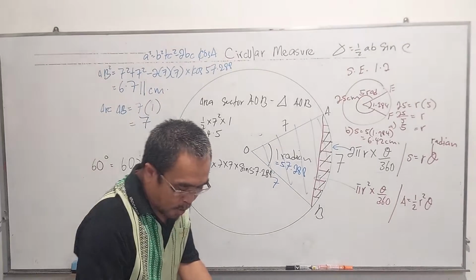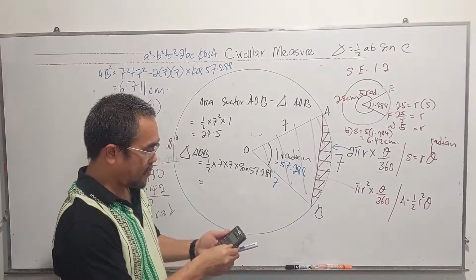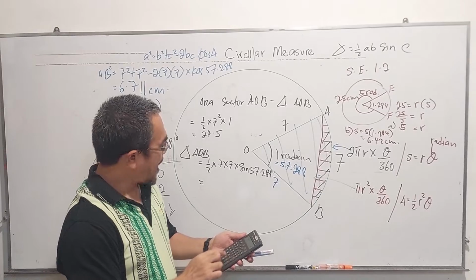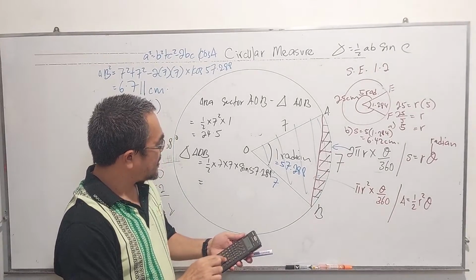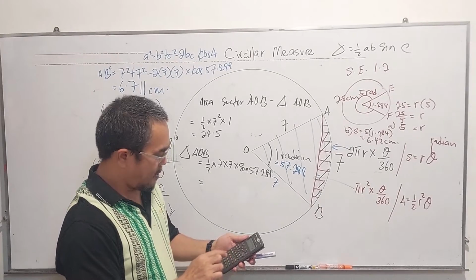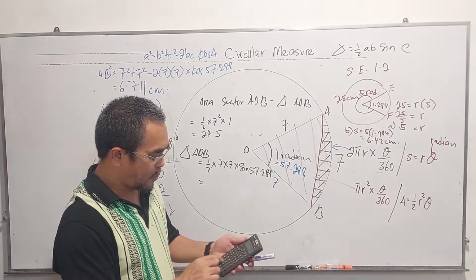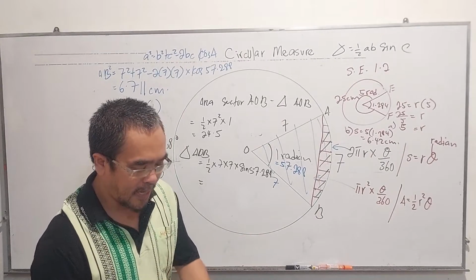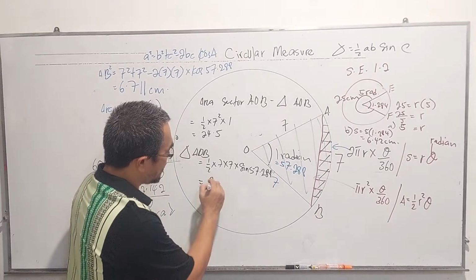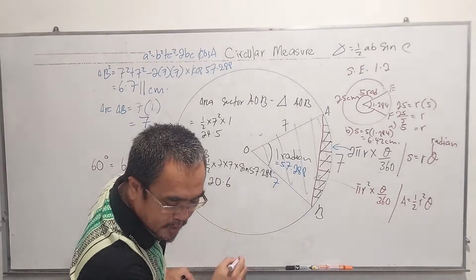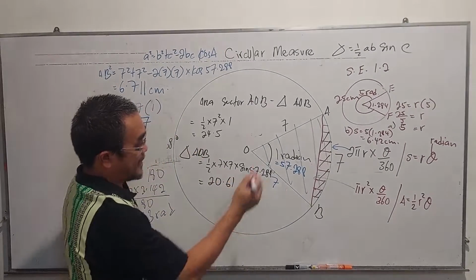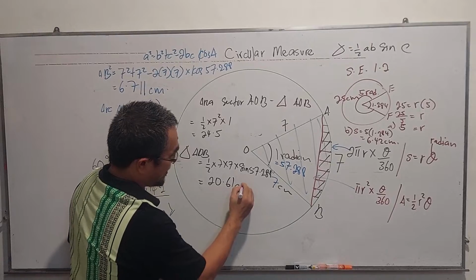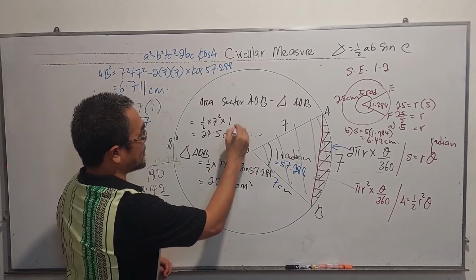Then I use this one. That is 1/2 times 7 times 7 times sine 57.288. That is 20.61. If the length is centimeter, this is centimeter squared.